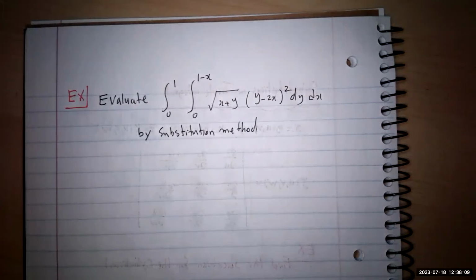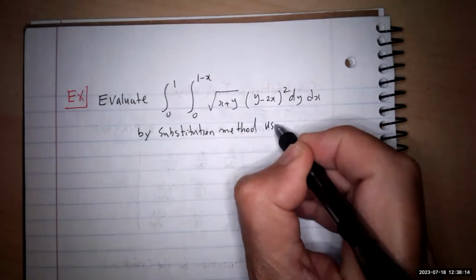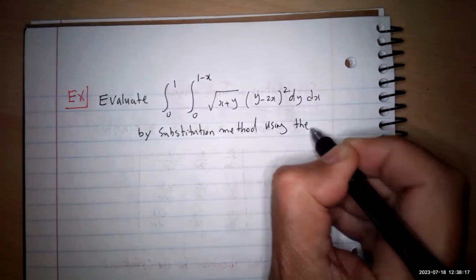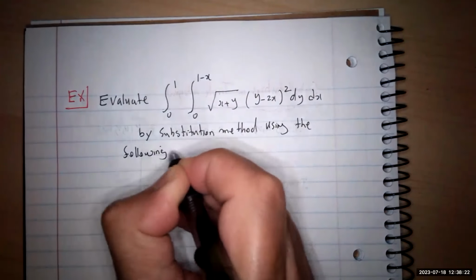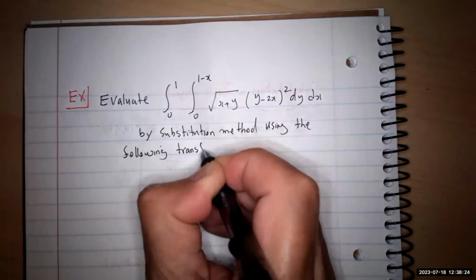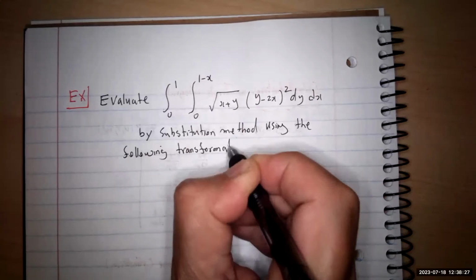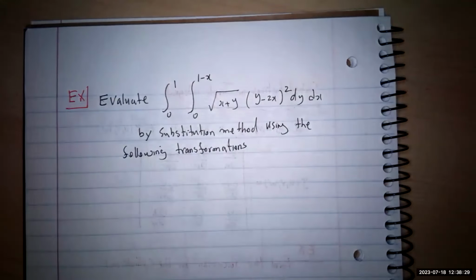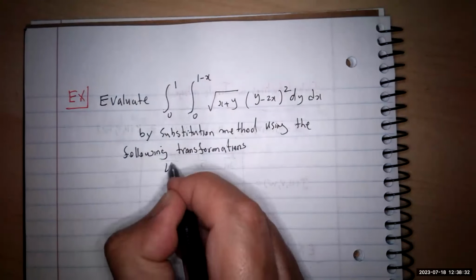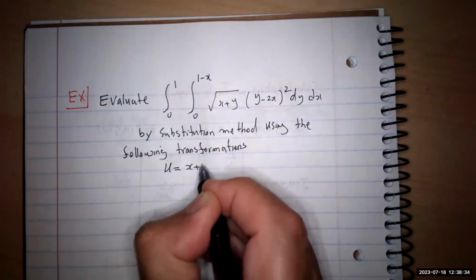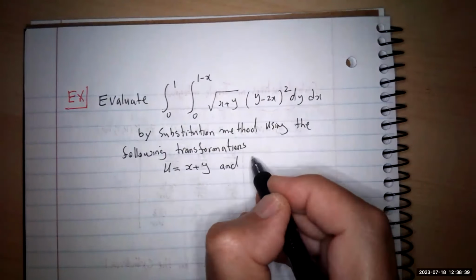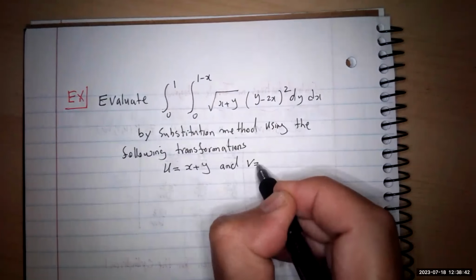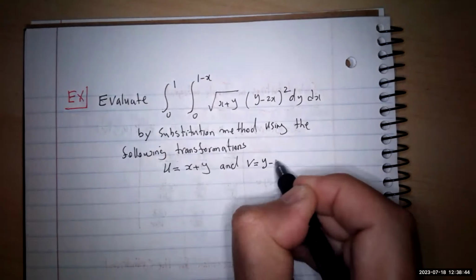By substitution method, or change of variable method, using the following transformation: u equal to x plus y, and v equal to y minus 2x.